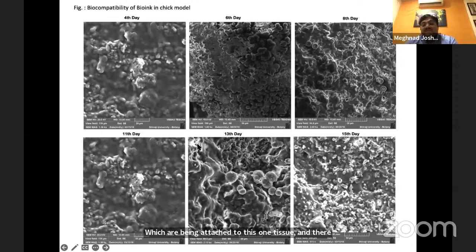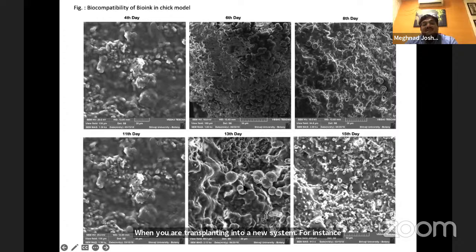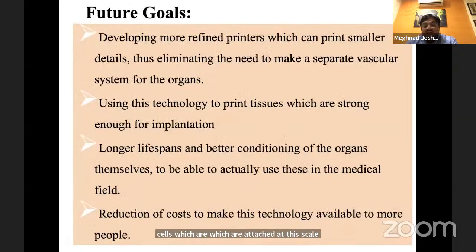This gives us the idea that the porosity of this bone is a very important aspect when you are transplanting into a new system. For instance, you can actually see a lot of chick cells attached to this scaffold.